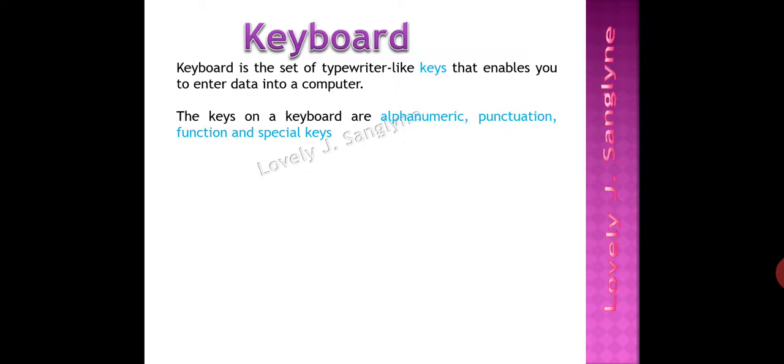Keyboard. So I have been mentioning the word keyboard many times. Do you know what is a keyboard? A keyboard is the set of typewriter-like keys that enables you to enter data into a computer. The keys on a keyboard are alphanumeric, punctuation, function, and special keys.